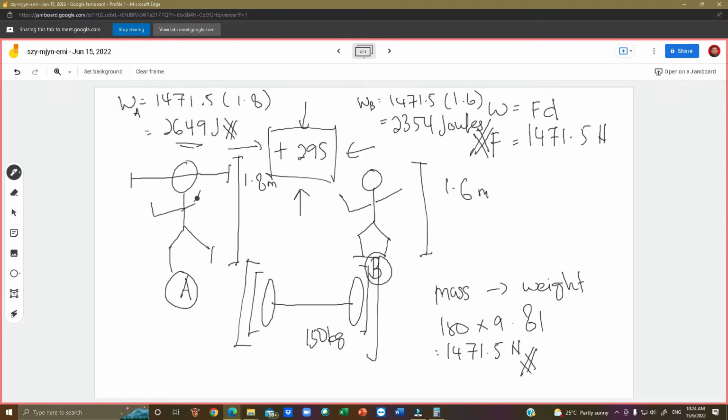Because tapi work dia sama dengan 1.6 kan? Sama dengan 1.6 lah. Okay, katalah kalau kita nak cari how much height athlete A will have if the work done is equal to 354. Jawapan dia ni 1.6 lah. Dia takkan dapat angkat penuh kalau energi yang digunakan sama.